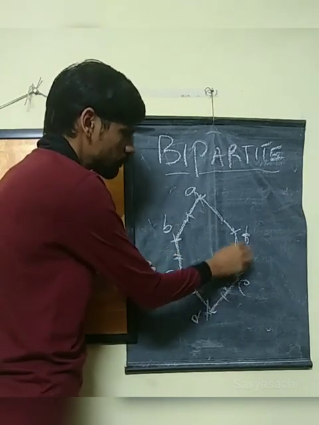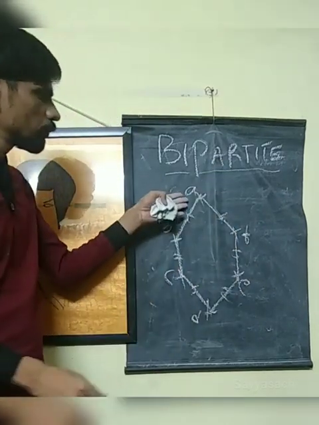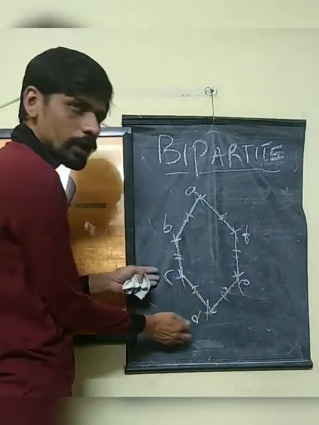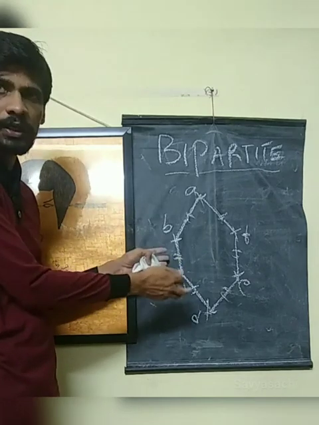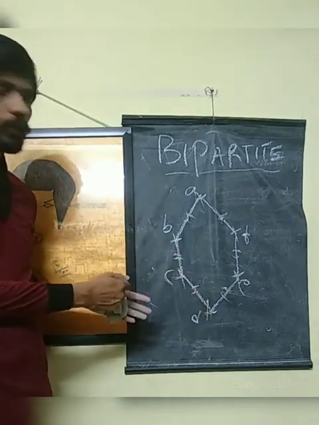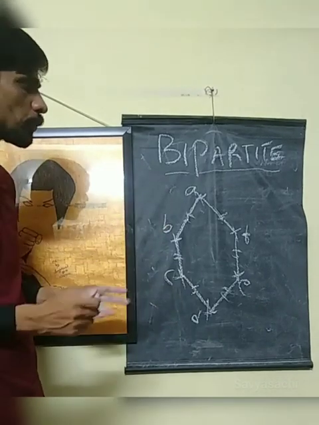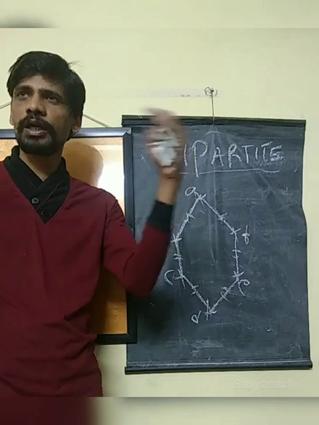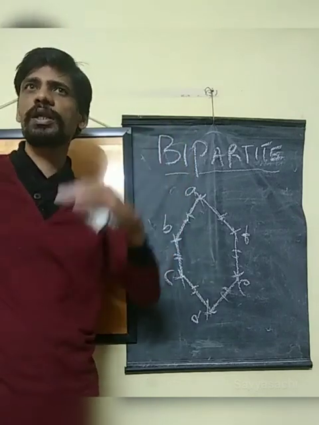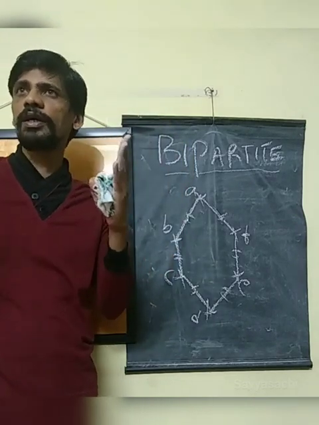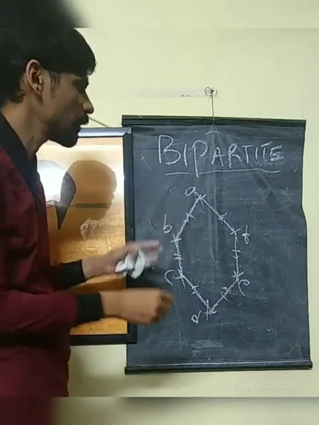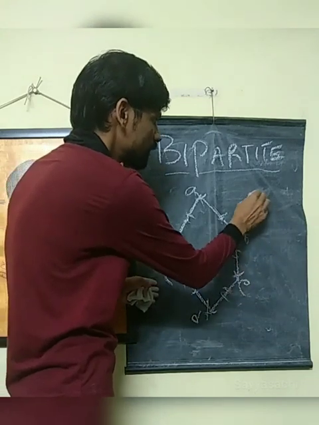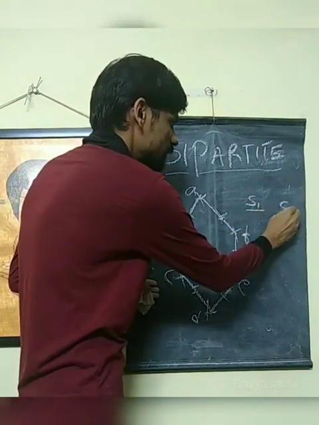So what is meant by bipartite graph? We need to make two sets out of the n vertices available in the graph, so that those two sets connect from one to another, but they should not connect within the set itself. To understand, let's imagine this is set 1, this is set 2.